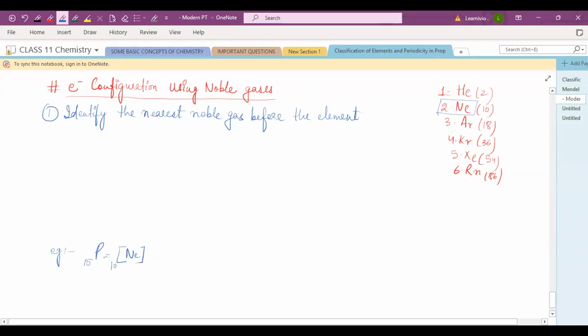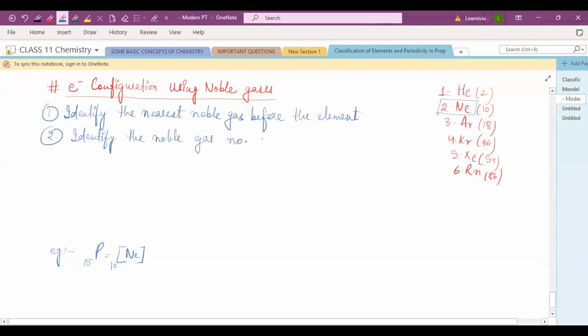Atomic number is 10. Now, after writing this, identify the noble gas number. The noble gas number means this sequence. इस sequence में जो आपको find करना है, at which position the noble gas lies: first, second, third, or fourth. So identify the noble gas number.